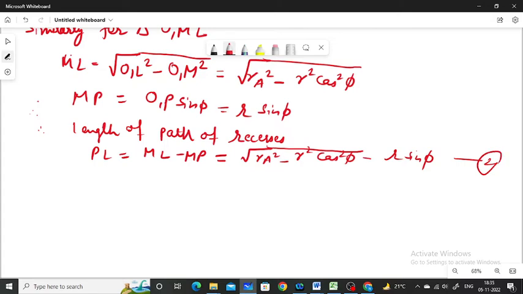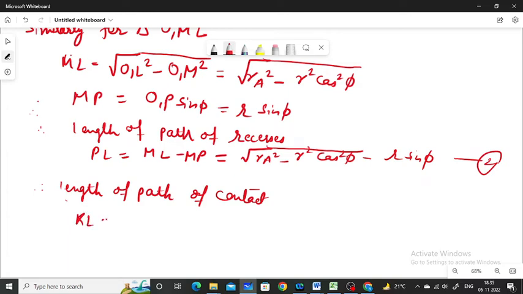So the length of the path of contact means the sum of the path of approach and the path of recess.